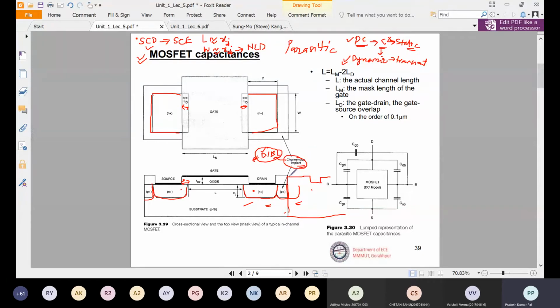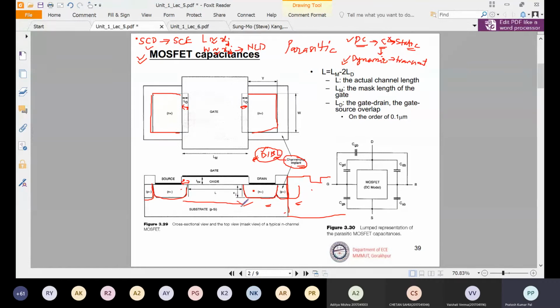Okay. So this is the basic idea of how the P plus region is implanted and what the advantages are. We are now going into the analysis of MOSFET capacitances. The total channel length is L.